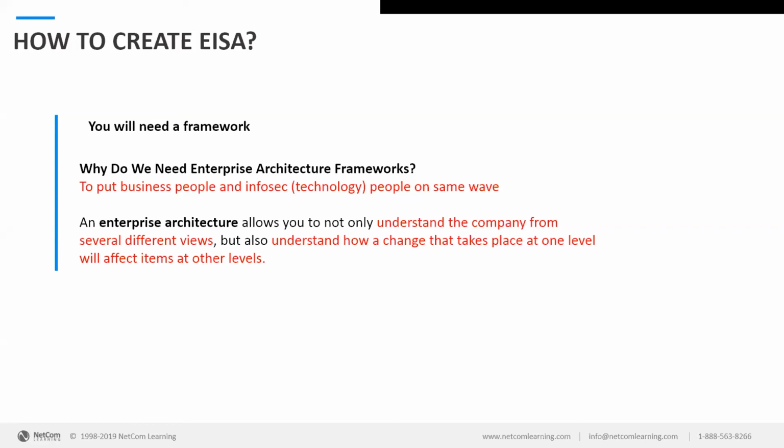And enterprise architecture will allow you not only to understand the company from several different points of view, but also understand how a change that takes place at one level will affect items at other levels or other business units. Remember, in the end, your enterprise is made of different components, different business units, and they are all related to each other. So the relationship between all these business units in your organization, you need to understand it.